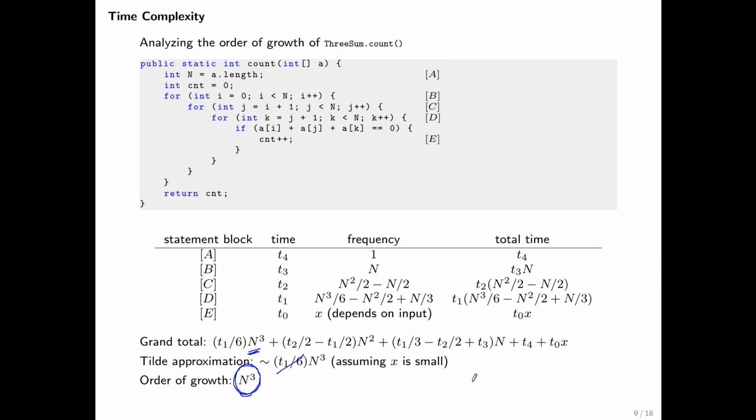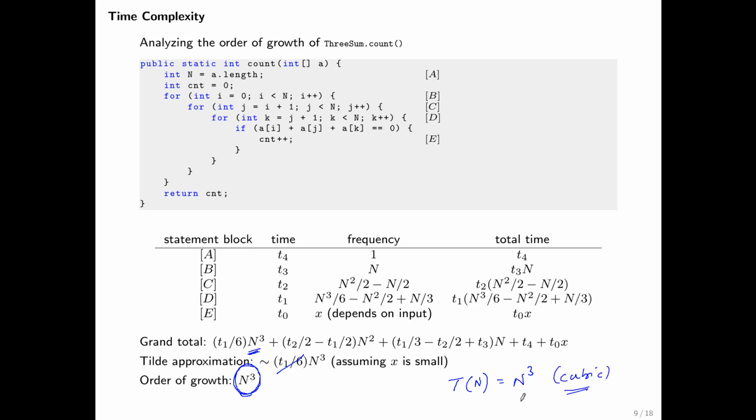So the running time. What are we saying? We are saying that the running time for the threesome problem, through this mathematical analysis, is simply n cubed. In other words, the threesome program, the way that we have implemented it, is a cubic algorithm. That's basically the bottom line.